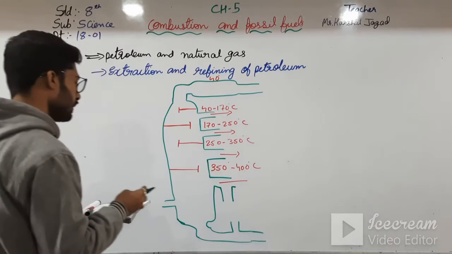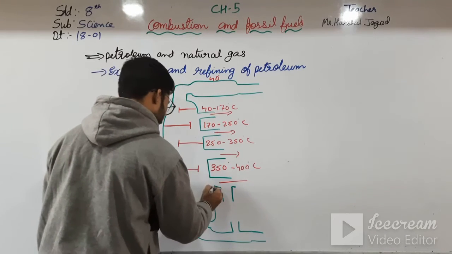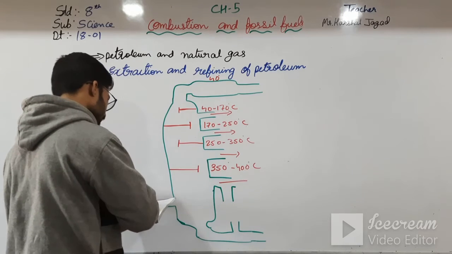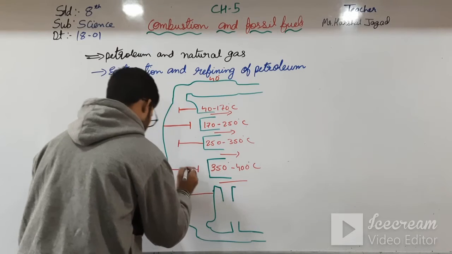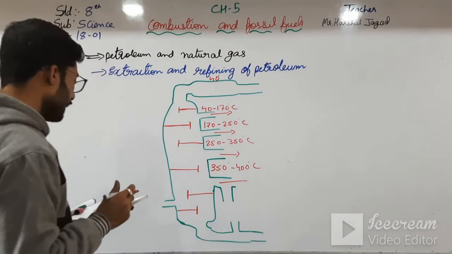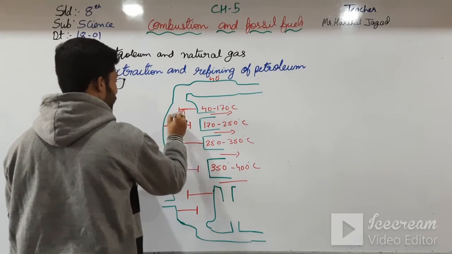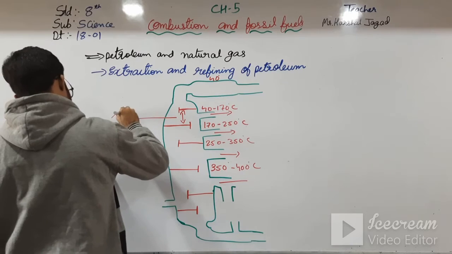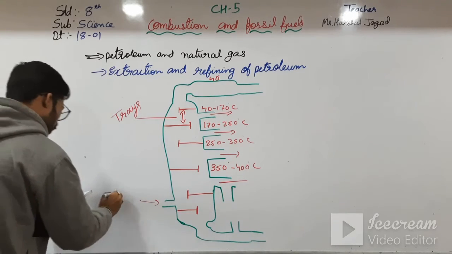This is like a structure over here, and here is another tray, and here is also another tray. First of all, between these are the trays, and then here is the inlet, that is hot petroleum.